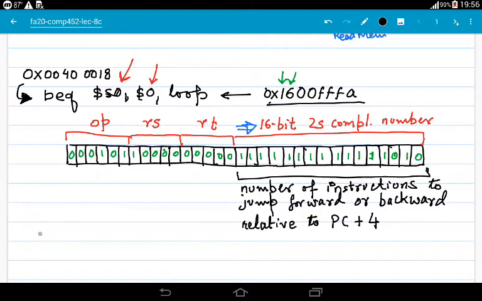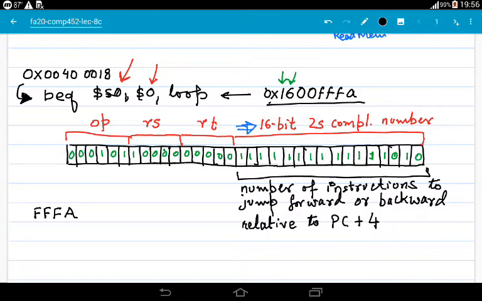The number of instructions that we have to jump relative to PC plus 4 is, let's write it here, FFFA.